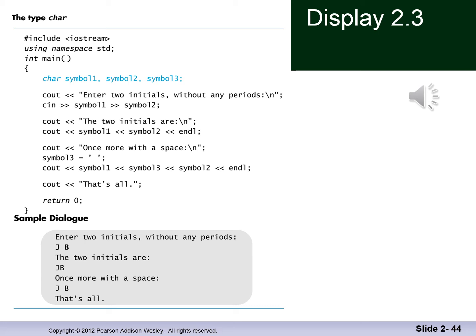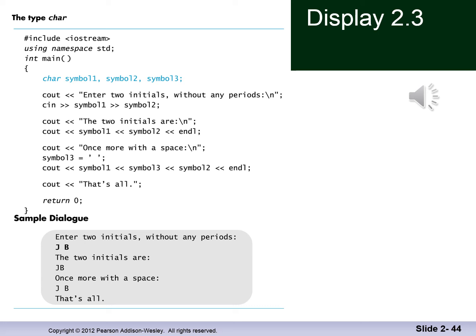Then we use cout to verify the two initials, new line, and then we use cout, symbol1, symbol2. And then cout once more with a space, because remember, the first cout, symbol1, symbol2, endl, is going to butt those two initials right next to each other.